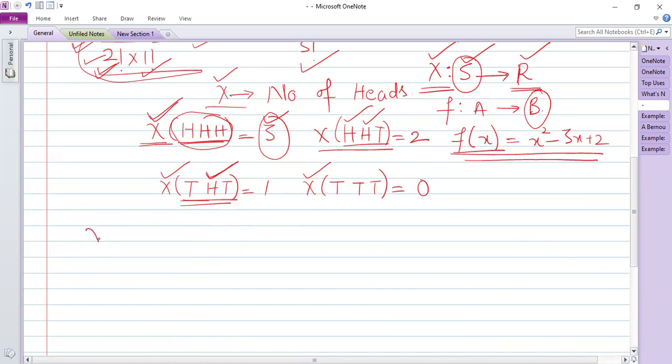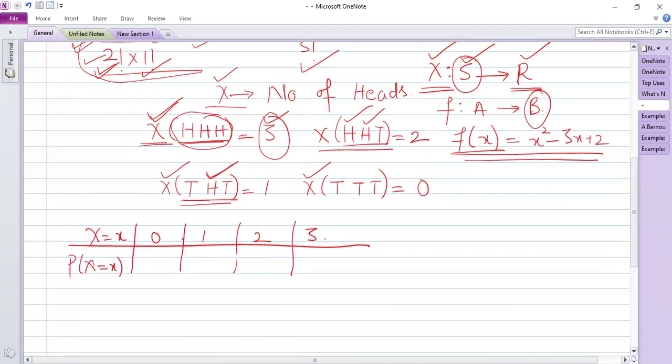Here I will write the values of x: 0, then 1, then 2, and then 3. Then probability x takes the value 0, probability x takes the value 1, probability x takes the value 2, probability x takes the value 3.